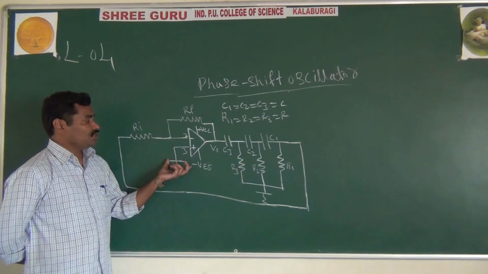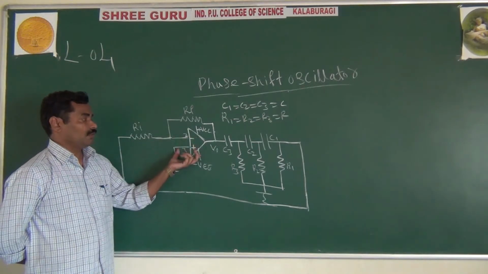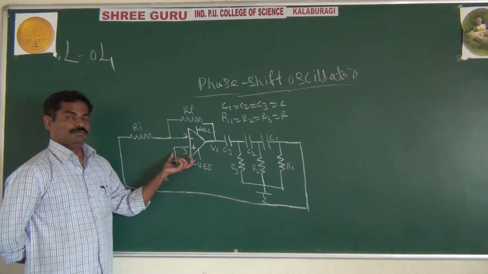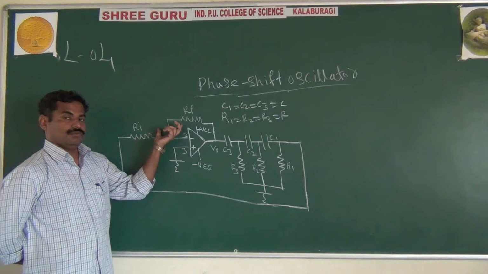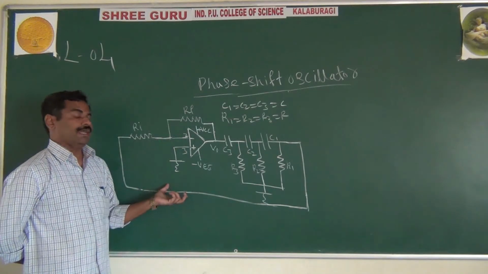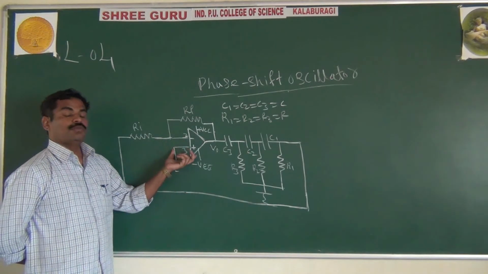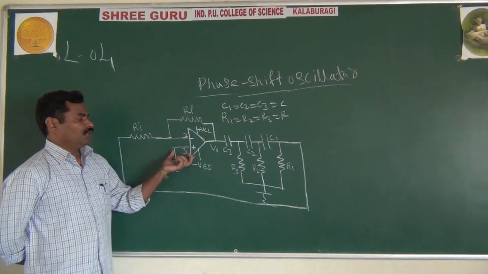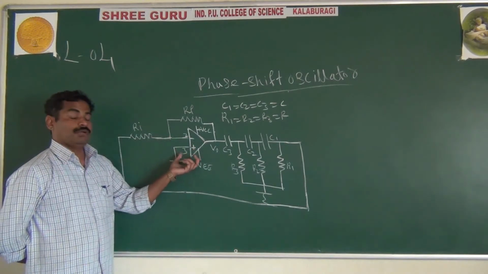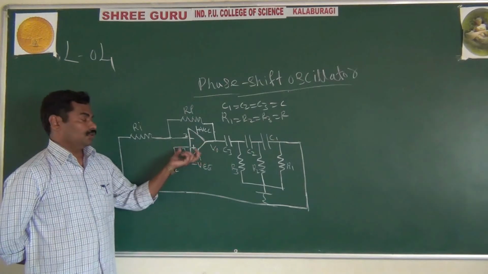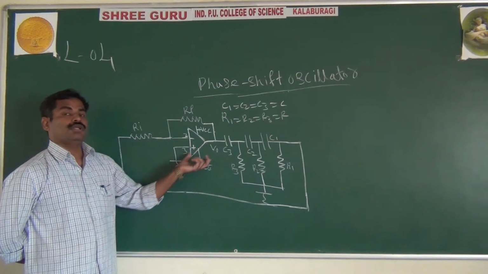And that noise voltage acts as the input for the op amp. The operational amplifier amplifies the noise voltage. Op amp will amplify the noise voltage.